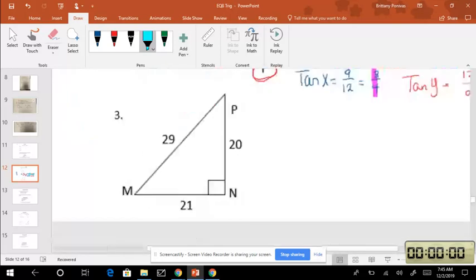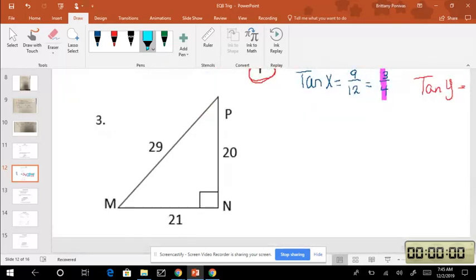Okay, last one, number 3. So again, you cannot find a trig ratio of the right angle. So I'm going to cross out the N, because we're not going to use it, and label the hypotenuse.